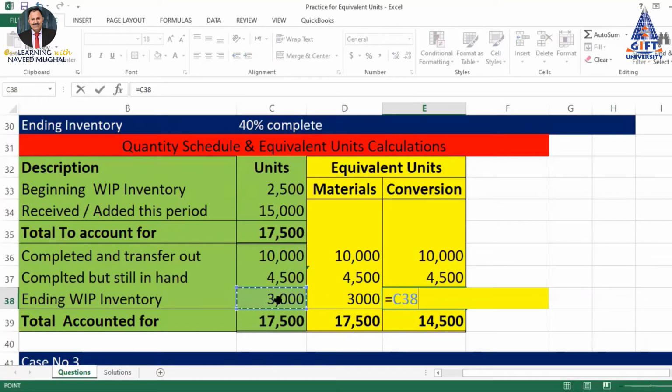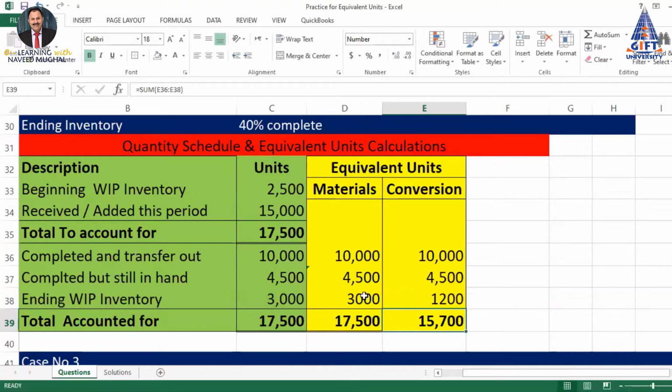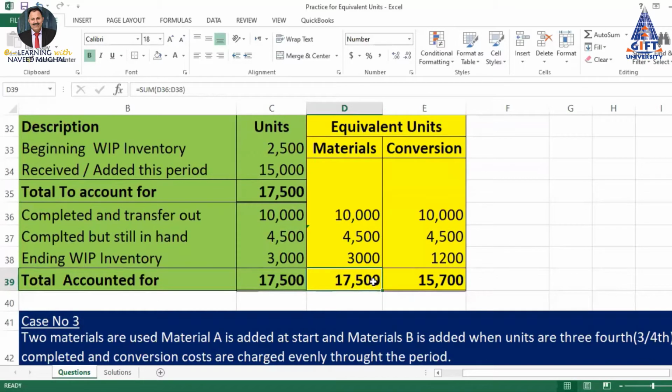These are total 3,000 units, multiplied by 40%, we will get the equivalent units of conversion cost. So in this way, we will have a total: with respect to material, equivalent units are 17,500, and with respect to conversion, total equivalent units are 15,700.